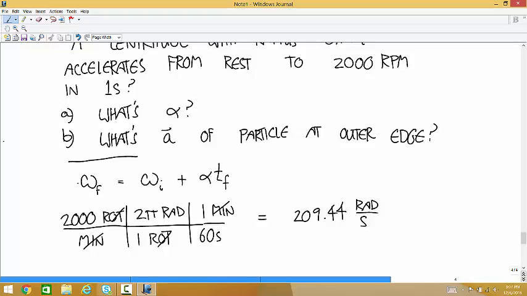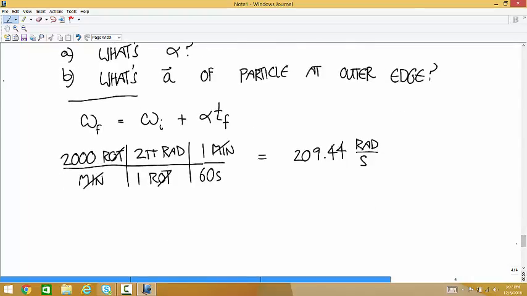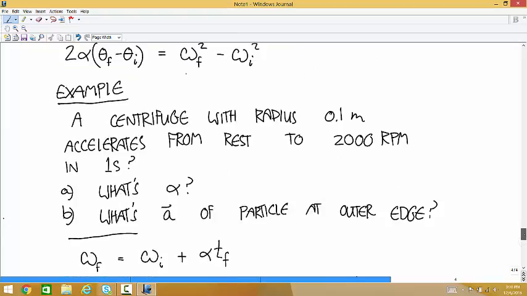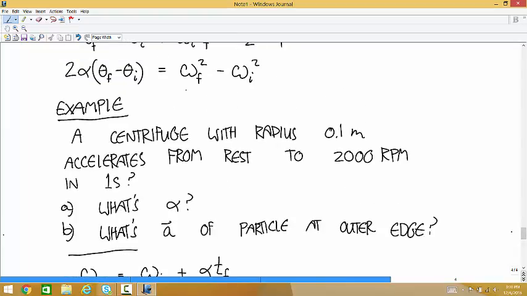And now we can plug everything into this equation. Omega final is 209.44. It's starting at rest, so omega initial is 0, plus alpha times, it's doing this over an interval of 1 second.